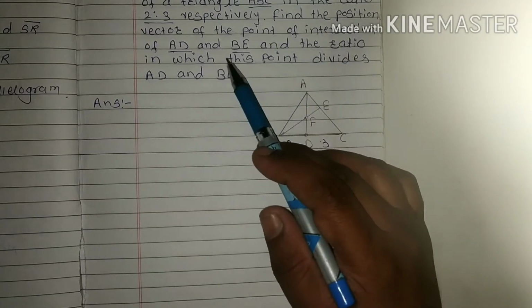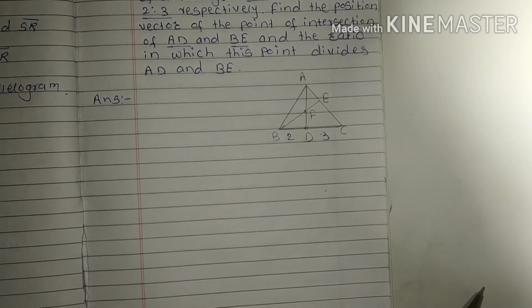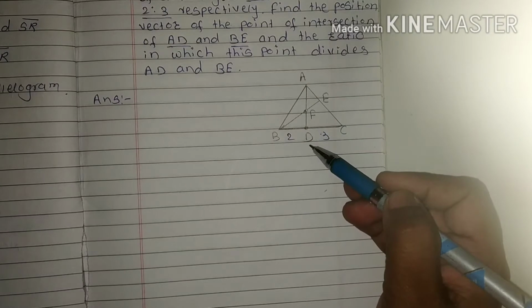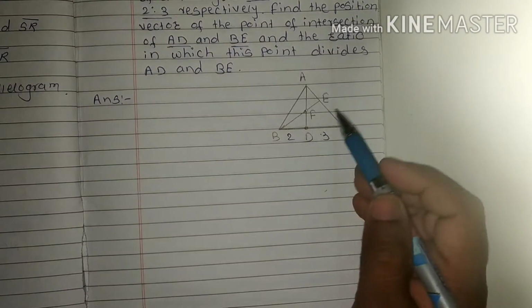And find the position vector of the point of intersection of AD and BE, and the ratio in which this point divides AD and BE.